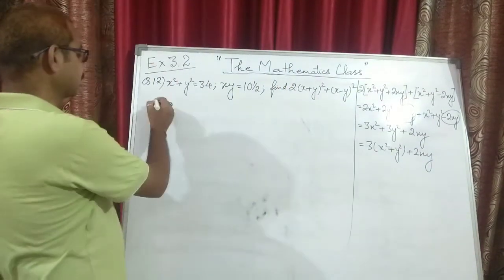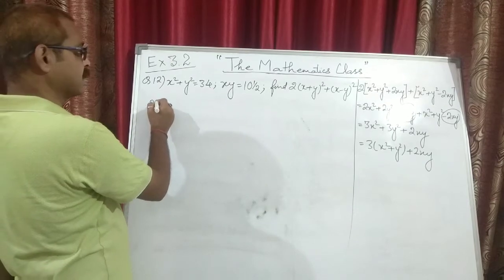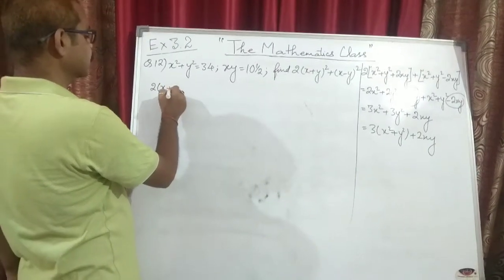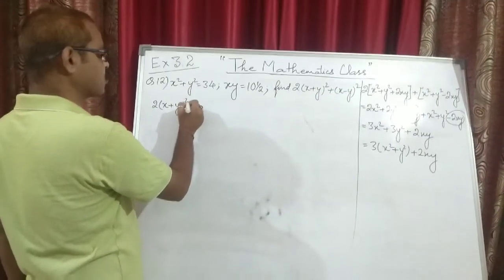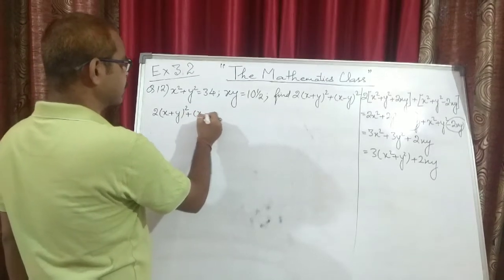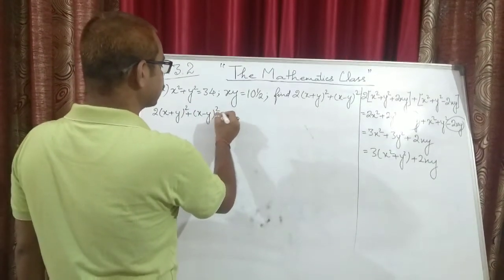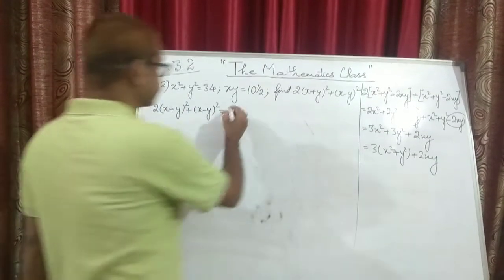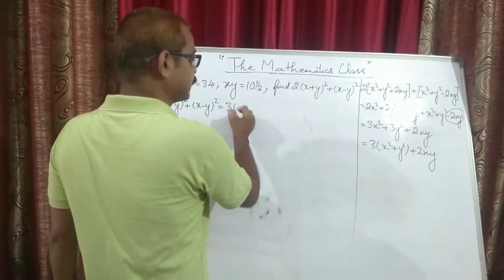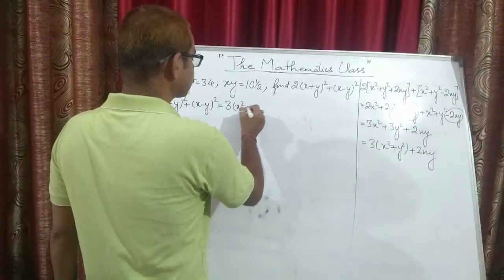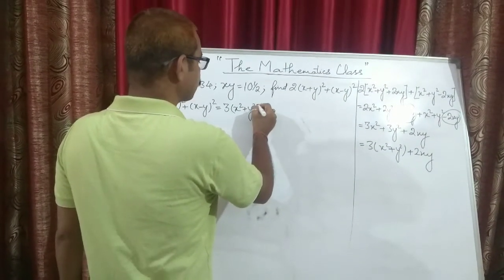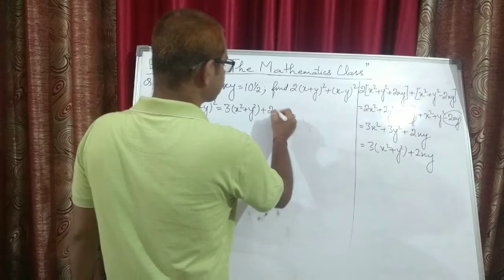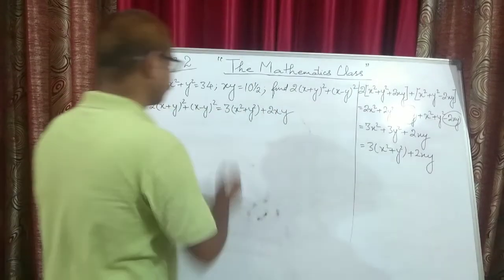So it means that you can say that 2 times of (x plus y) whole square plus (x minus y) whole square can be written as 3 times of (x square plus y square) plus 2xy.